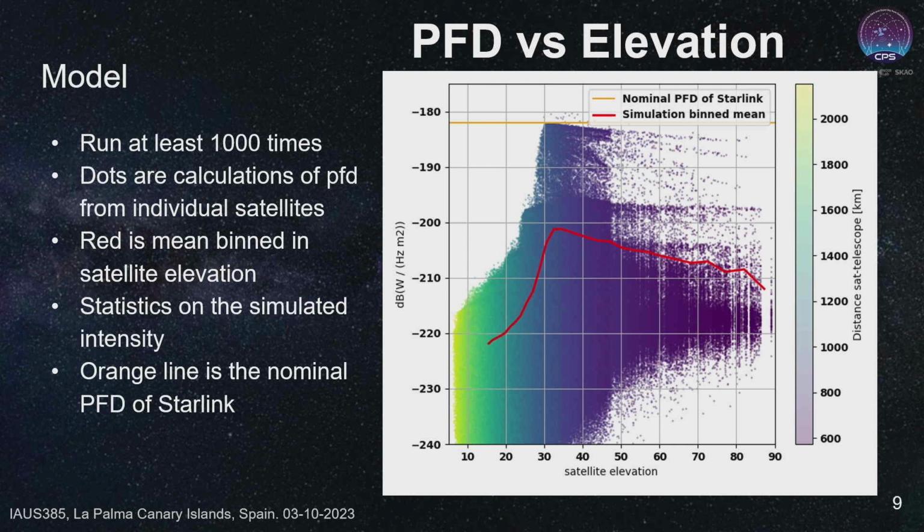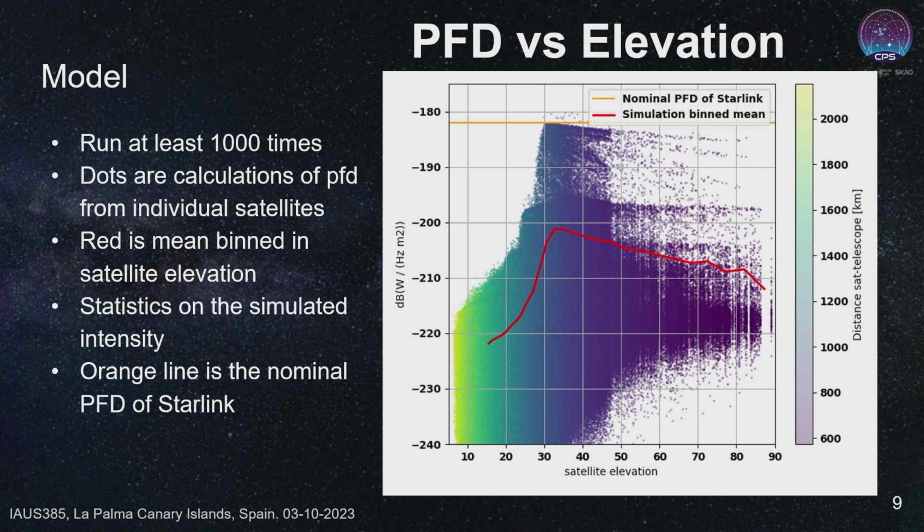Power flux density means the intensity of the emissions on the Earth, right? Forget about the receiver antenna for a moment. It's how intense this light is, for example, right? So if I'm outside of the light, I'm not receiving this intensity, right? This is the idea. How that changes, and you really don't know. So this is what this model is trying to look at.